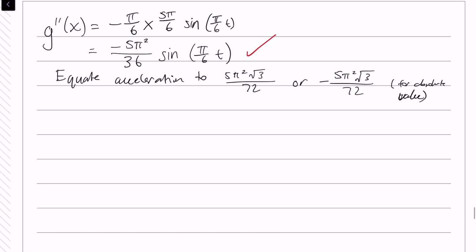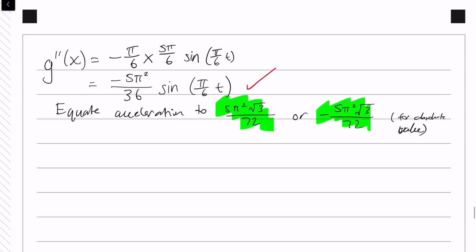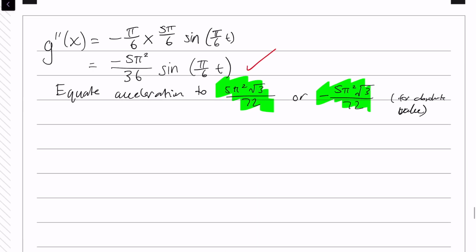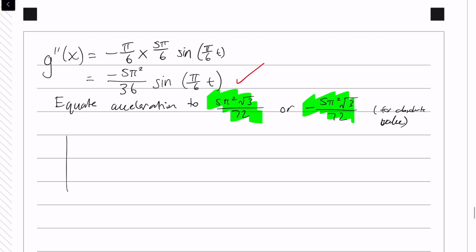We know with our function here, negative 5 pi squared on 36 sine pi over 6 t, if we just let that equal each of these two accelerations and then find the distance between our two t values, then we can note what time the geologists will be there in each interval. Because if you think of this visually, there's our horizontal midline there.